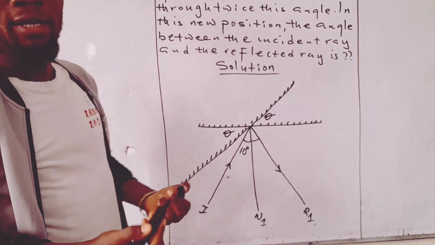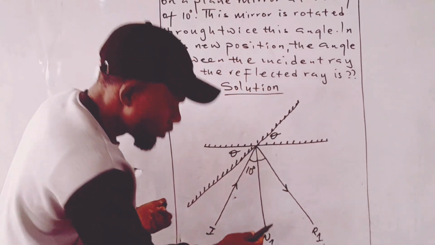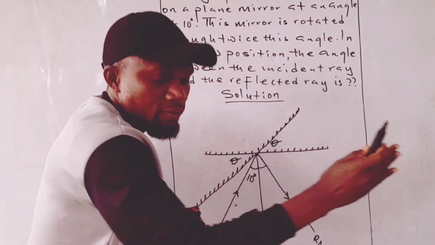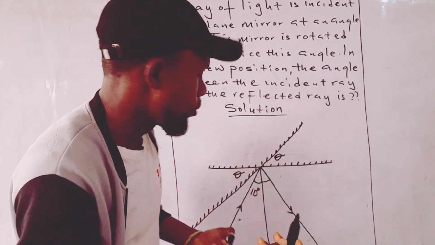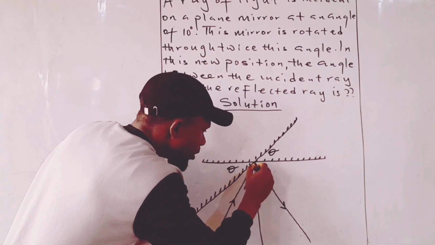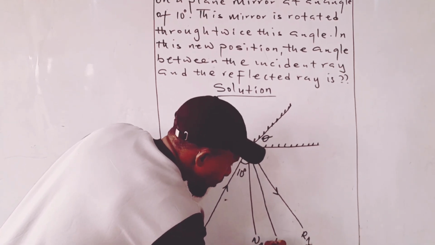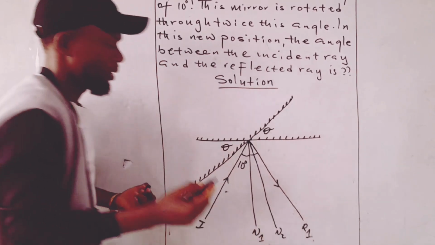So when the mirror has been rotated, this normal will shift to give me a new normal, which is here. So I have my N2.